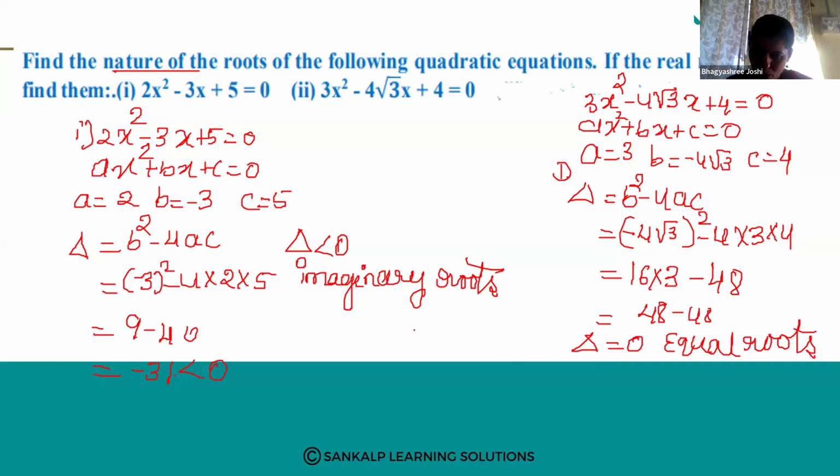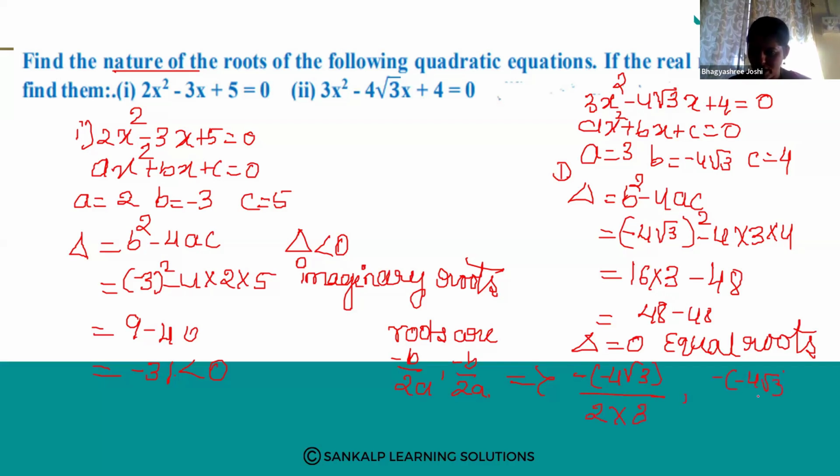The roots are minus b divided by 2a and minus b divided by 2a. So minus b value is minus of minus 4 root 3, divided by 2 into a value is 3 here.